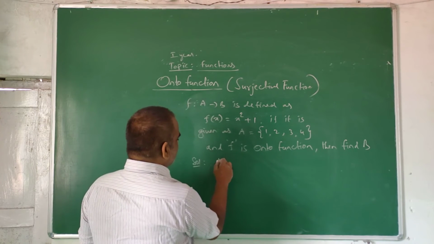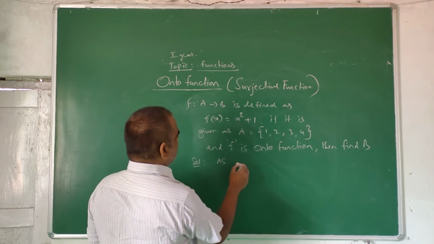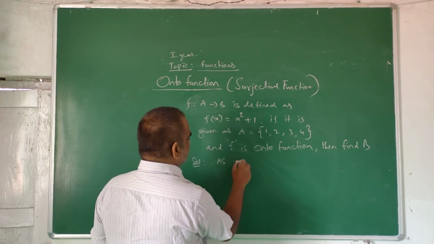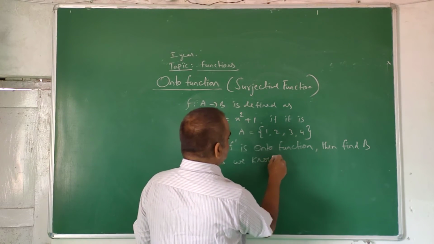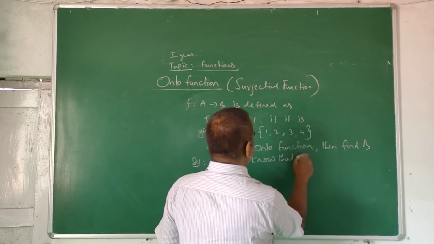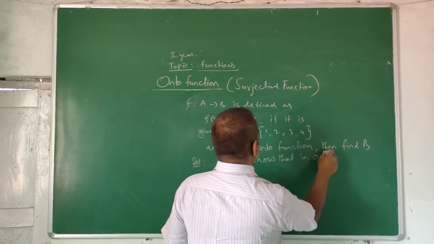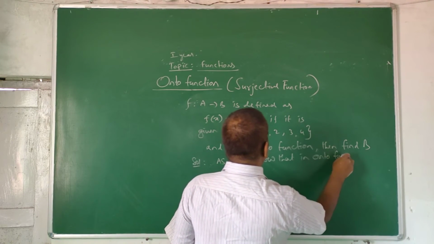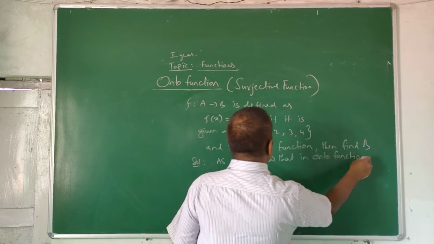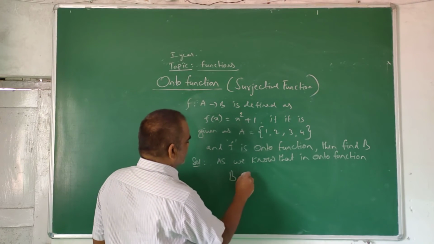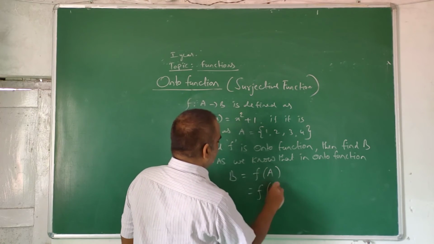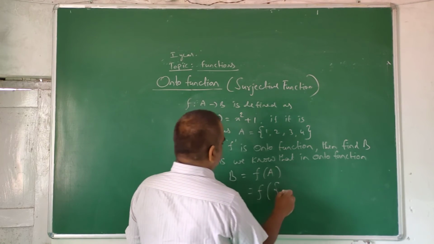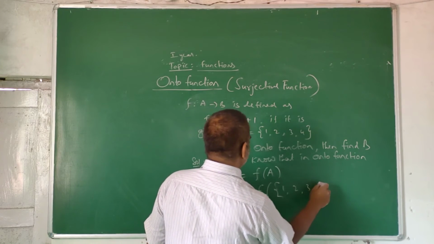So as we know, as long as finite sets are concerned, in an onto function f of A is equal to B. So B is equal to f of A, which is equal to f of what is A? It is given as 1, 2, 3, 4.